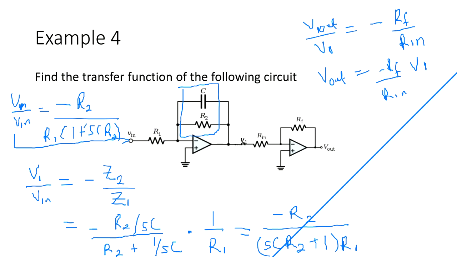So we just substitute directly here, so that our V out is minus RF over R in times V1, which is minus, so this becomes plus R2 over R1, 1 plus SR2, times V in. Or we can just divide this and write V out over V in.